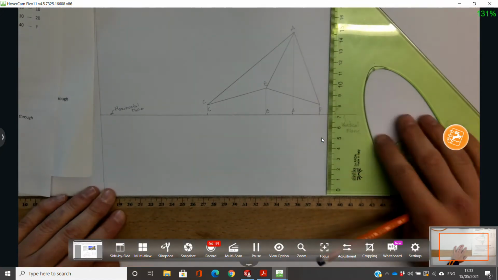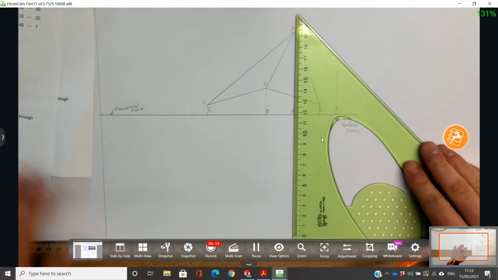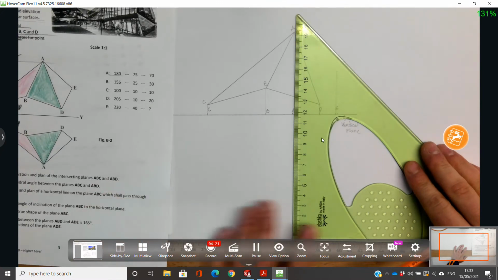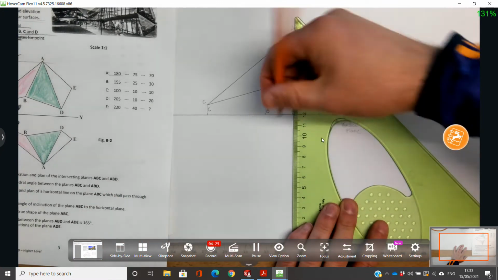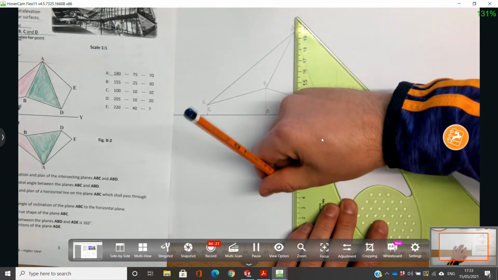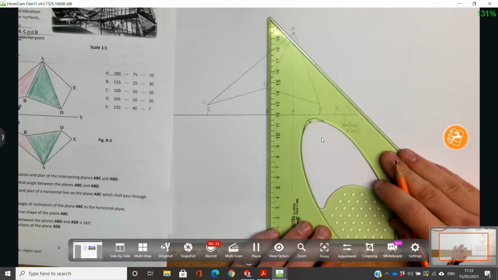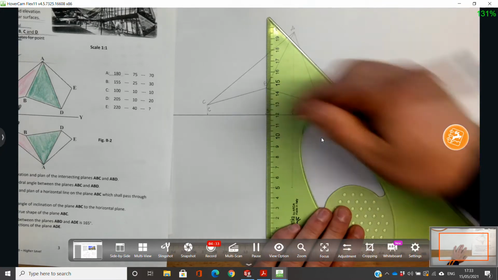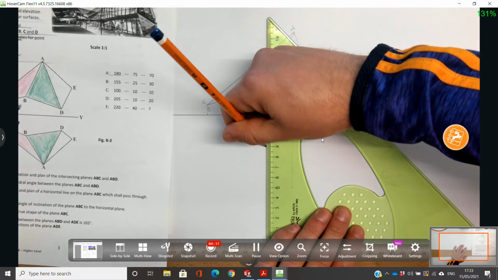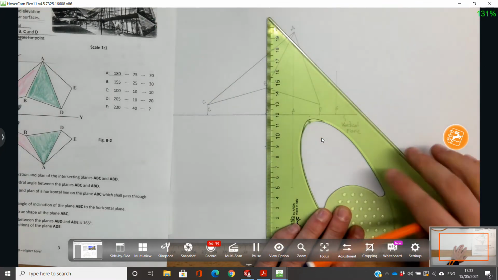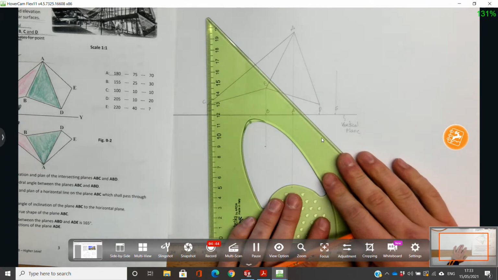Now, plan view of A, B, C. A is 70 millimeters from the vertical plane in plan view. There's point A. B is 30 millimeters from the vertical plane in plan view, and I might have said a moment ago, when I was talking about point A, 70 millimeters from the end vertical plane in plan.